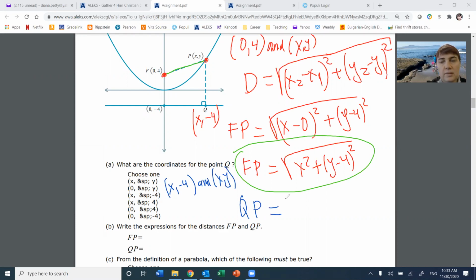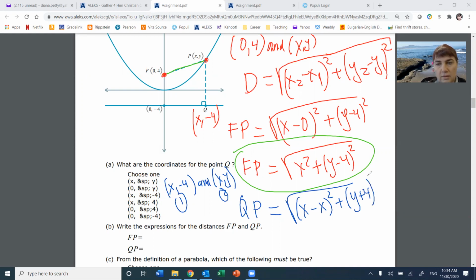Did you get it, Elizabeth? Right, because one of the points is x, y, again, P, and Q is x, -4. So again, my x, y is the second point. So I have x minus x squared plus y plus 4 squared.